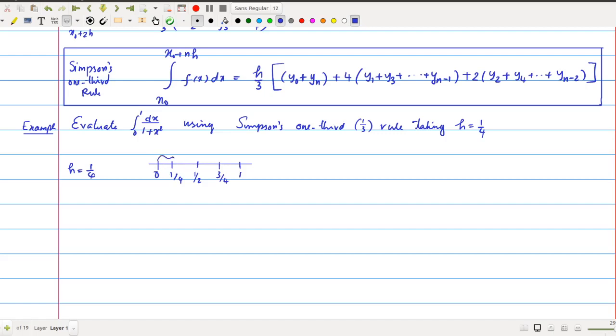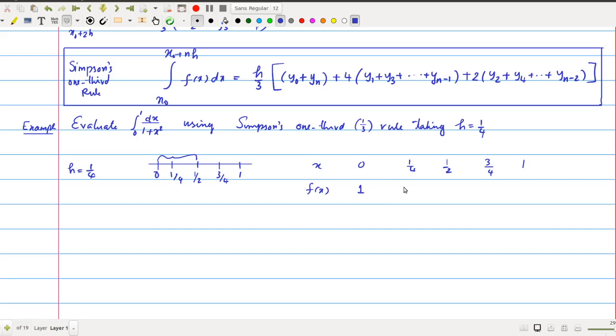Now we write the x values and the y values over this interval. This is x and this is f of x. The x values are 0, 1 by 4, 1 by 2, 3 by 4 and 1. The corresponding values can be obtained from the integrand 1 by 1 plus x square. The first value will be 1.